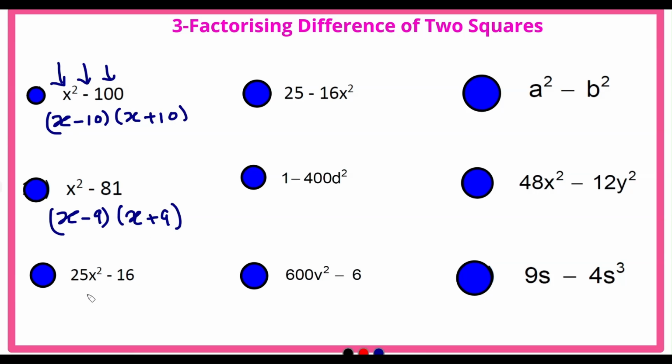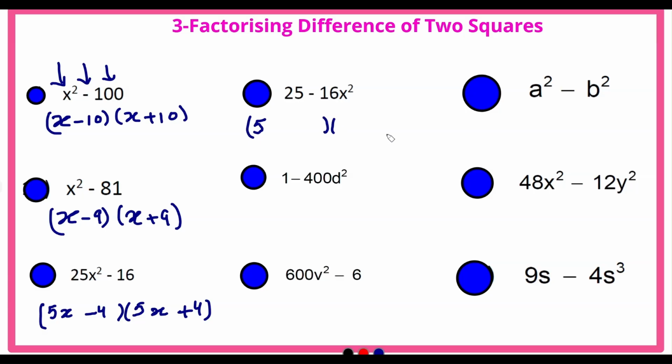Right. What about that? 25 is 5 times 5. That's a square number. x minus 16, so minus 4, add 4. What about that? Same thing, but here I start with 25, take away.